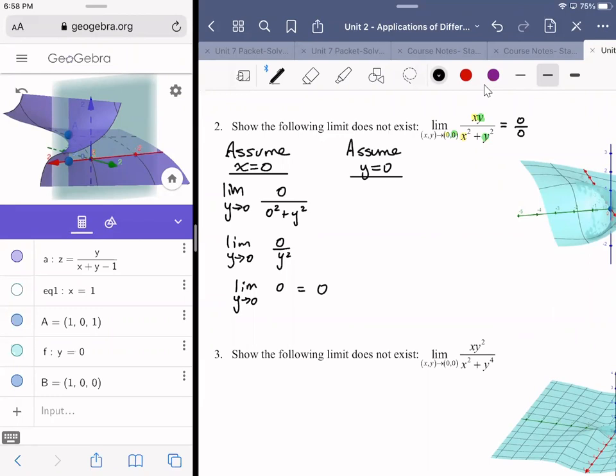So limit as x approaches 0, we're replacing all the y's with zeros. We're going to get the same thing. So now it's x squared plus 0 squared. The limit as x approaches 0 of 0 is equal to 0. So no help there. That's pretty aggravating.